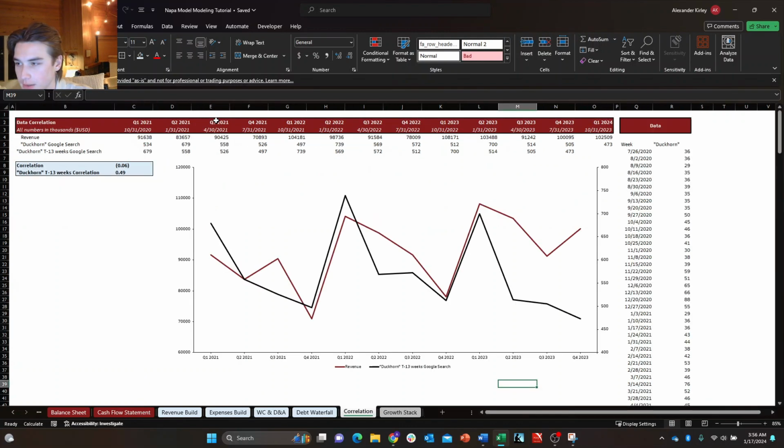So 85% zoom on everything. That's just a personal thing, but everything should be presentable. Every single piece of the model should be presentable.